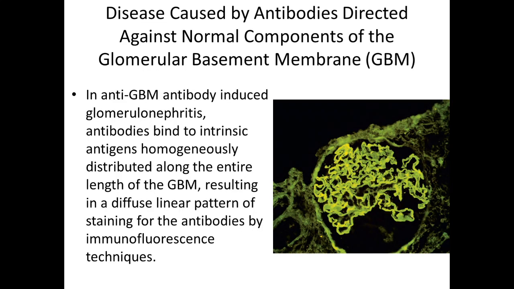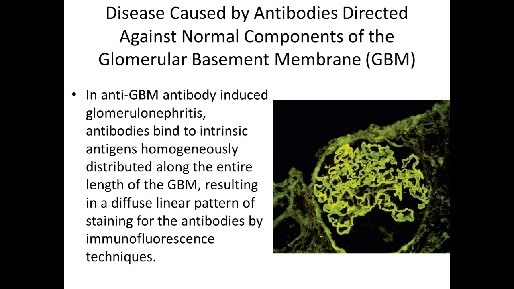Diseases caused by antibodies directed against normal components of the glomerular basement membrane. In anti-GBM antibody disease, it's in situ deposition too, and in anti-GBM glomerulonephritis, antibodies bind to intrinsic antigens which are distributed along the entire glomerular basement membrane.